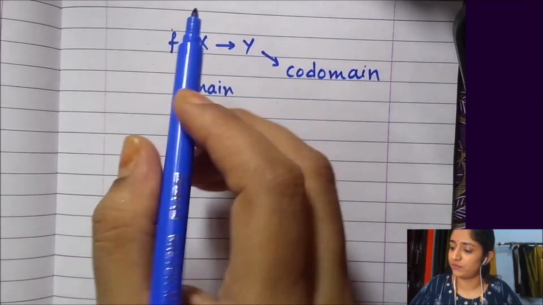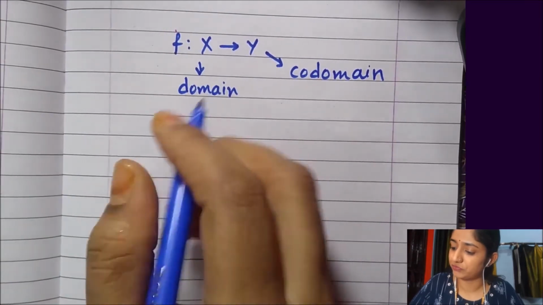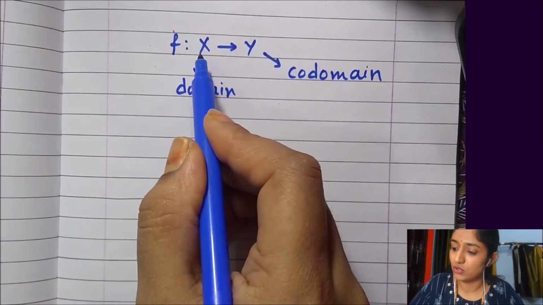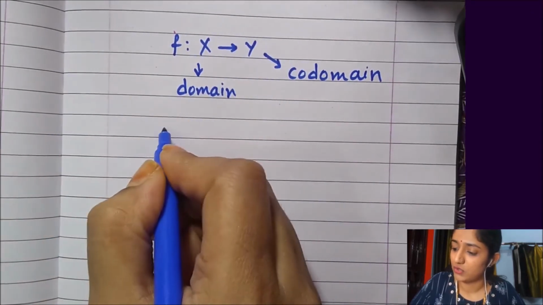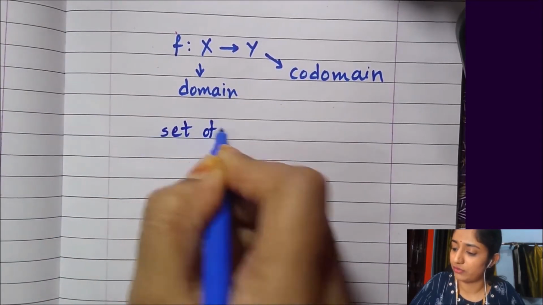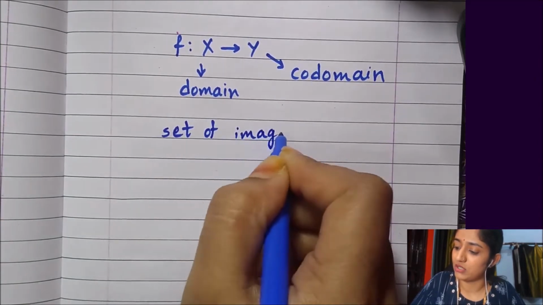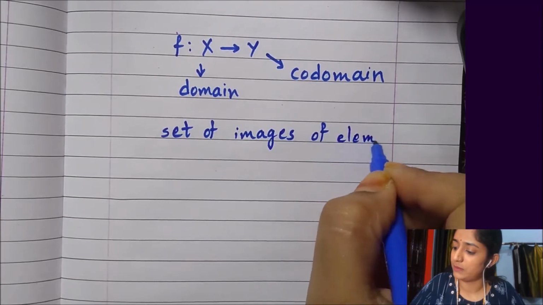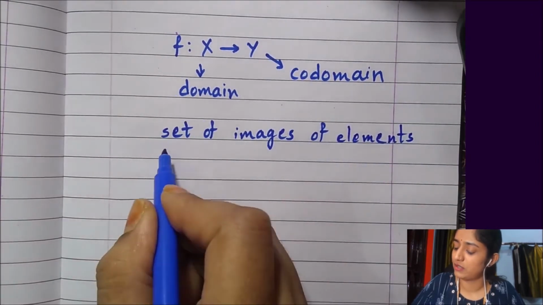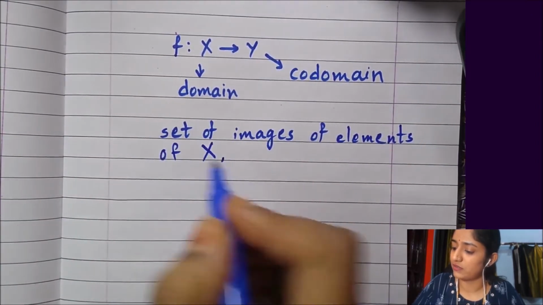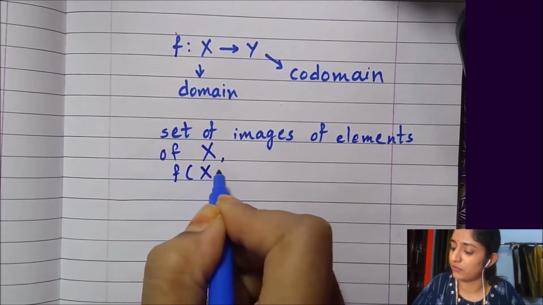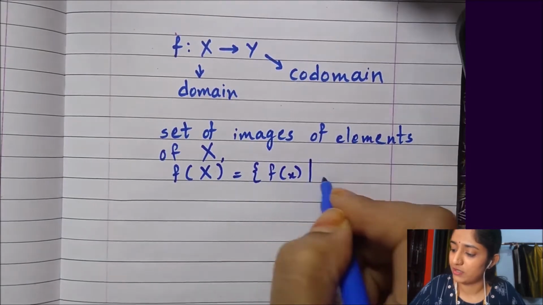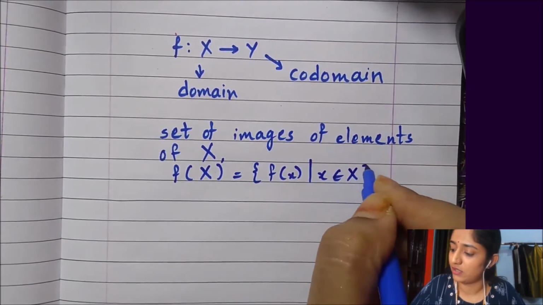Also, if we take every element which is an image of x, so the set of images of elements of x, which we denote by f of capital X, this will contain all the f of x, x in capital X, alright.